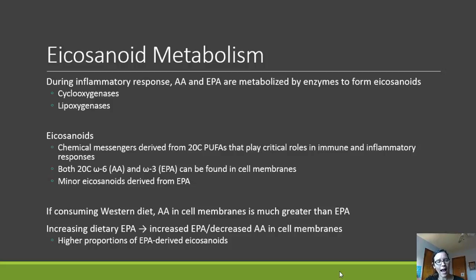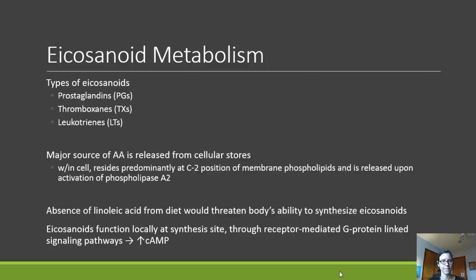So when we go through this inflammatory response and start breaking down the fatty acids in our cell membranes, if we have had a higher intake of EPA, then we'll have a higher proportion of EPA-derived eicosanoids during this inflammatory response. So our major types of eicosanoids are prostaglandins, thromboxanes, and leukotrienes.